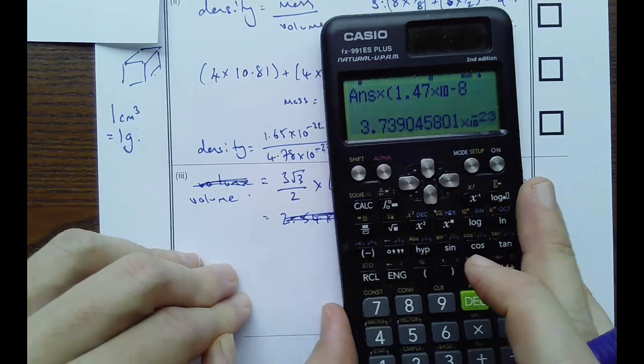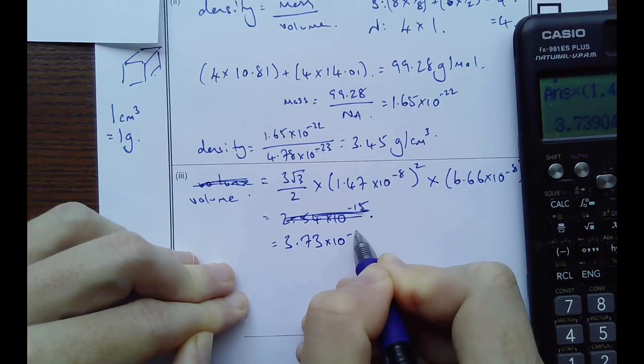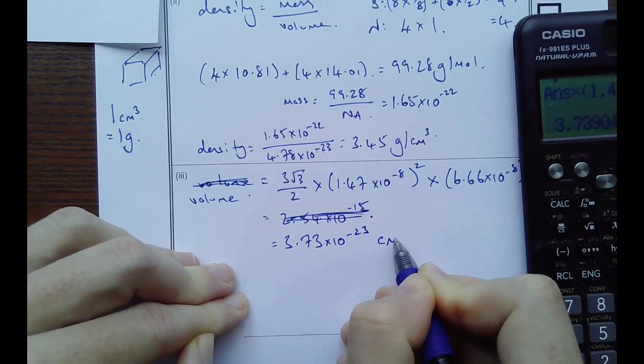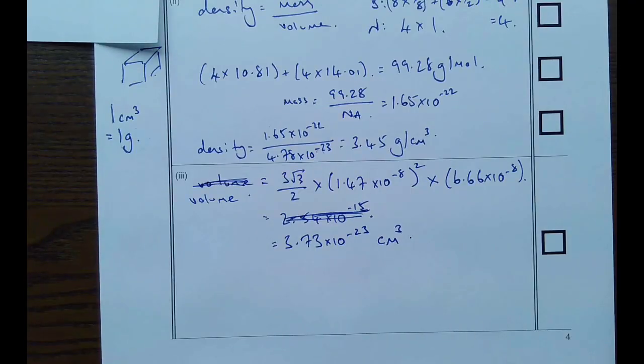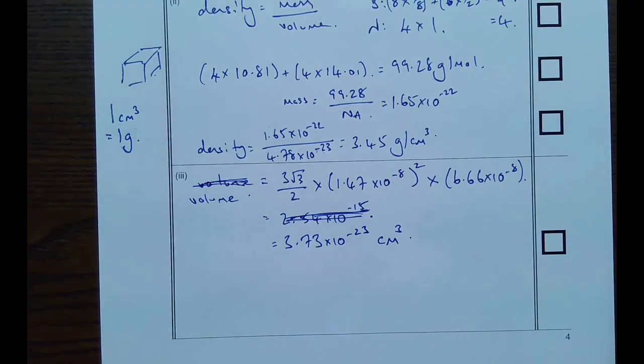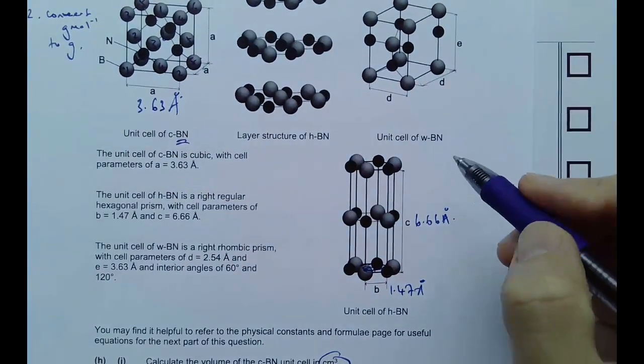Yes, so 3.73 times 10 to the minus 23 centimeters cubed. Alright, so as you can see, very simple to sort of lose track of what's happening and make a mistake. So then we are asked to do the density. So I'm going to do the same thing again here.